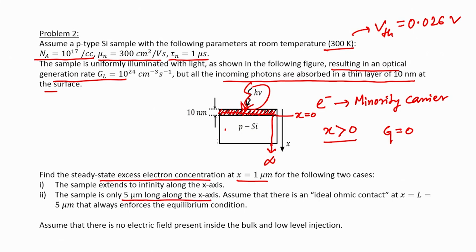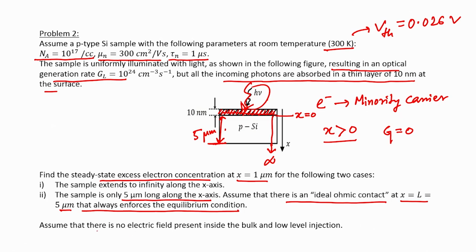So the sample has a finite dimension of 5 micrometer. Also in the second case, on the other end after this 5 micrometer length there is an ideal ohmic contact at x equal to L equal to 5 micrometer that always enforces the equilibrium condition. We will discuss this while solving the problem.